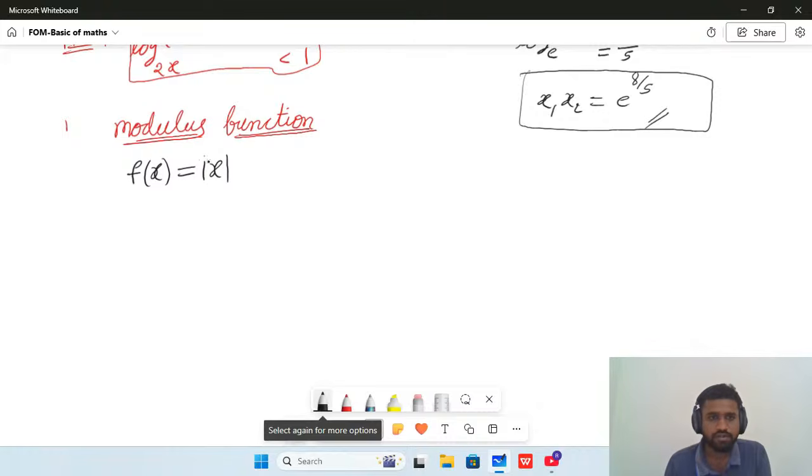This is a modulus function. This is how we will denote this modulus function.